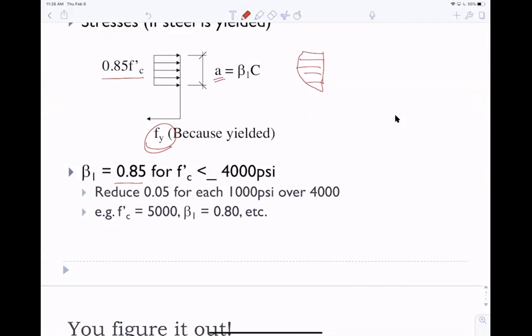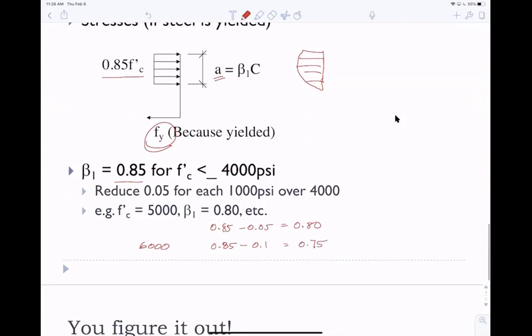For example, 5,000 f'c is 1,000 over 4,000, so 0.85 minus 0.05 is 0.80. If you had 6,000, that's 2,000 over 4,000, so it's 2 times 0.05, so subtract 0.1, it'll be 0.75. And if you have any other number, you're going to have to interpolate.